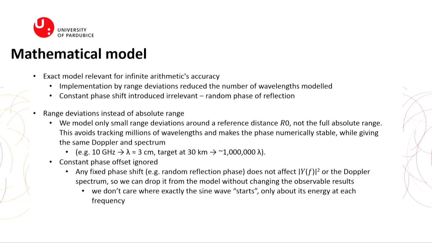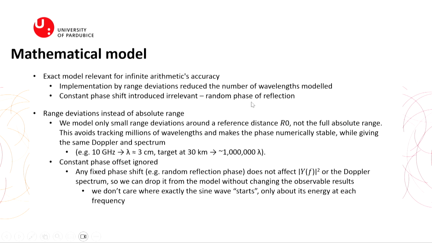Why are we computing it this way? We developed this exact model, which is relevant for infinite arithmetic accuracy, implementation by range deviation, reducing the number of wavelengths modeled. Why don't we use this wavelength modeling, as we already discussed? Because the reflection will have a random phase, I already showed you.